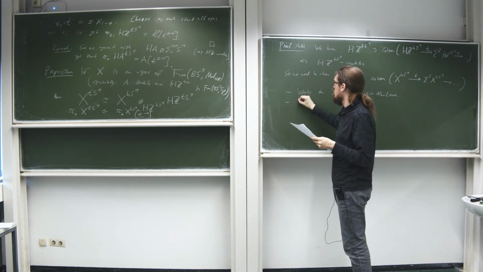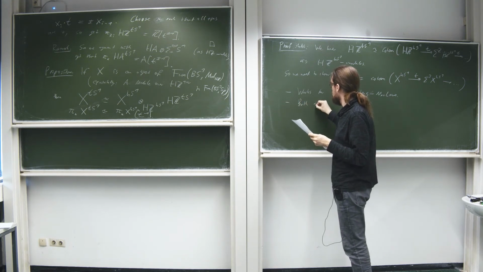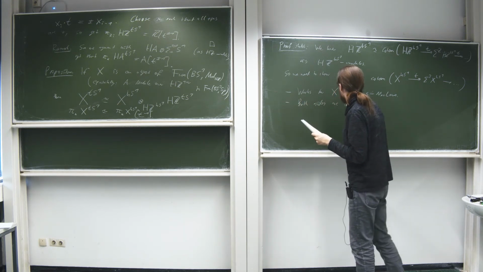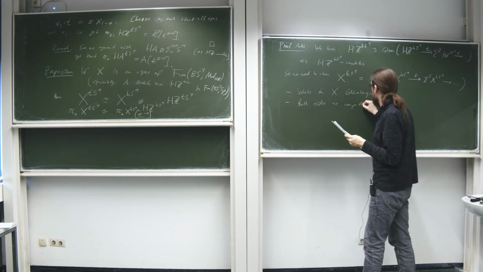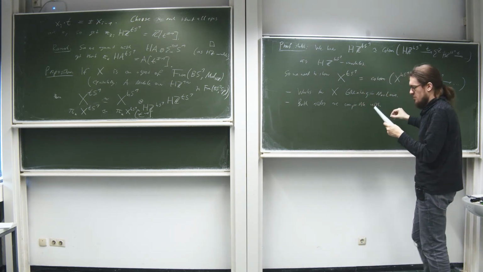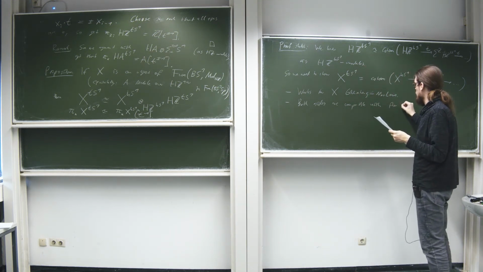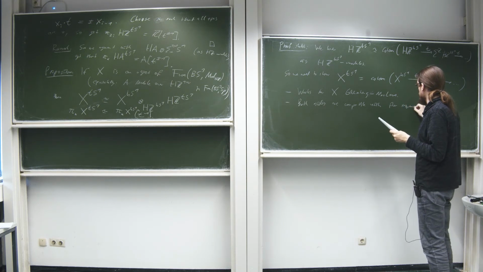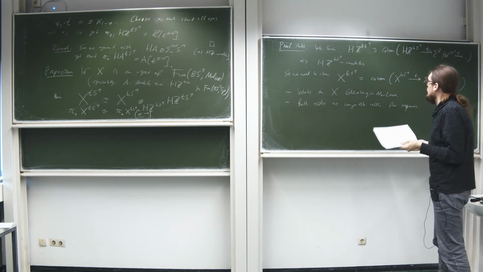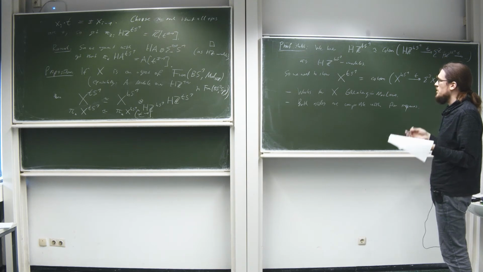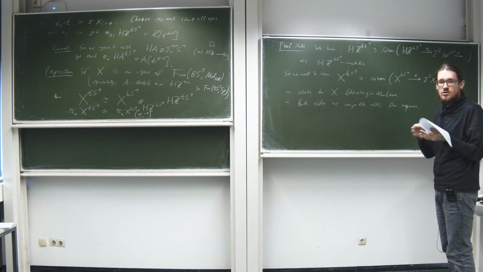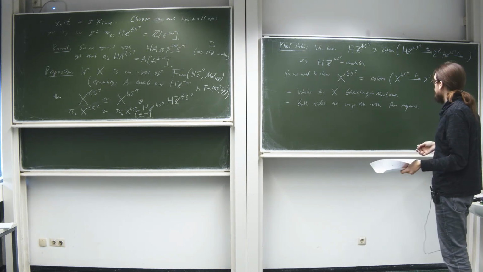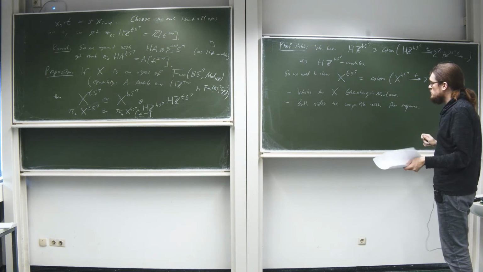And both sides are compatible with fiber sequences, since the homotopy fixed points and the Tate construction are exact functors. So they commute with fiber sequences. And so does this filtered colimit.